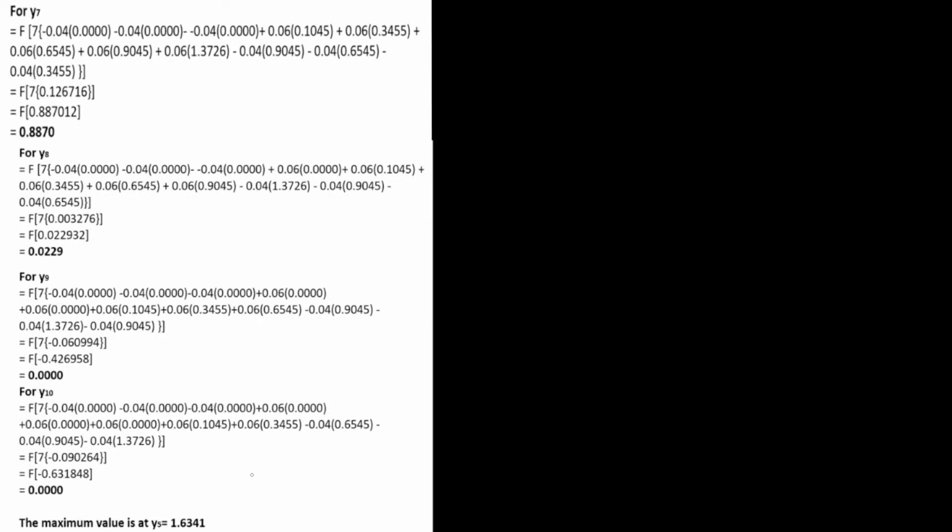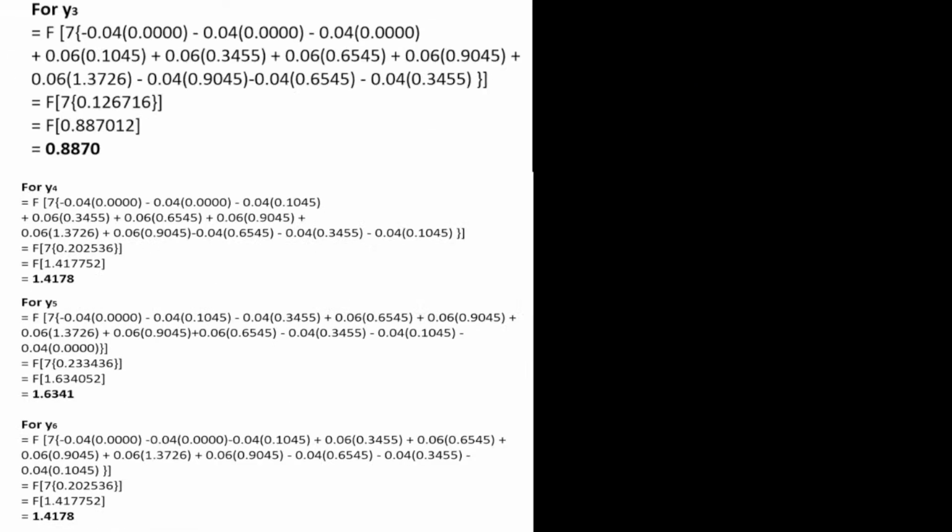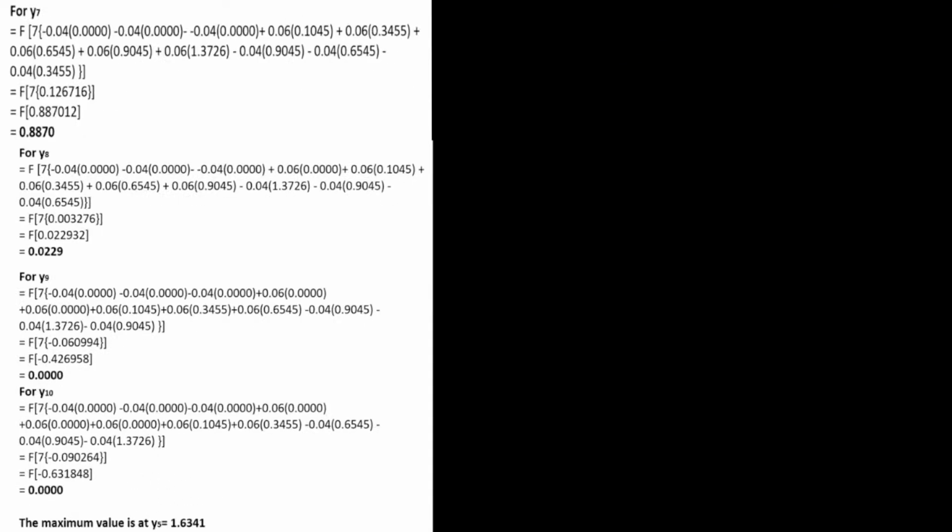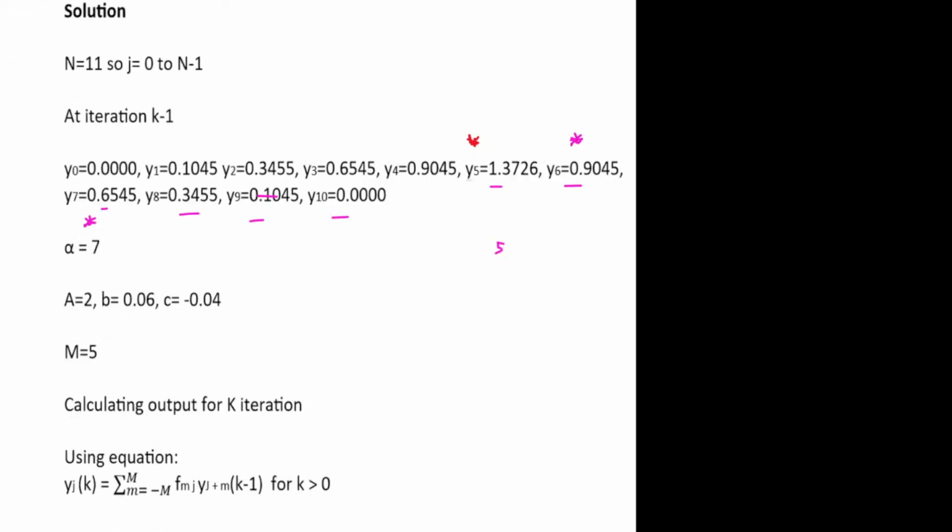Okay, so we look at the innermost and the outermost. If we start from 5, let me see.